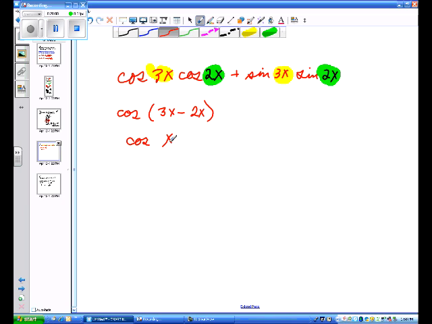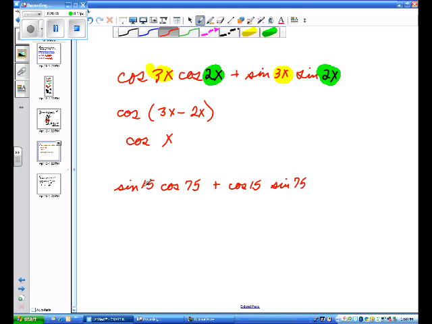If we looked at one more, let's say we have the sine of 15 times the cosine of 75 plus the cosine of 15 sine of 75.